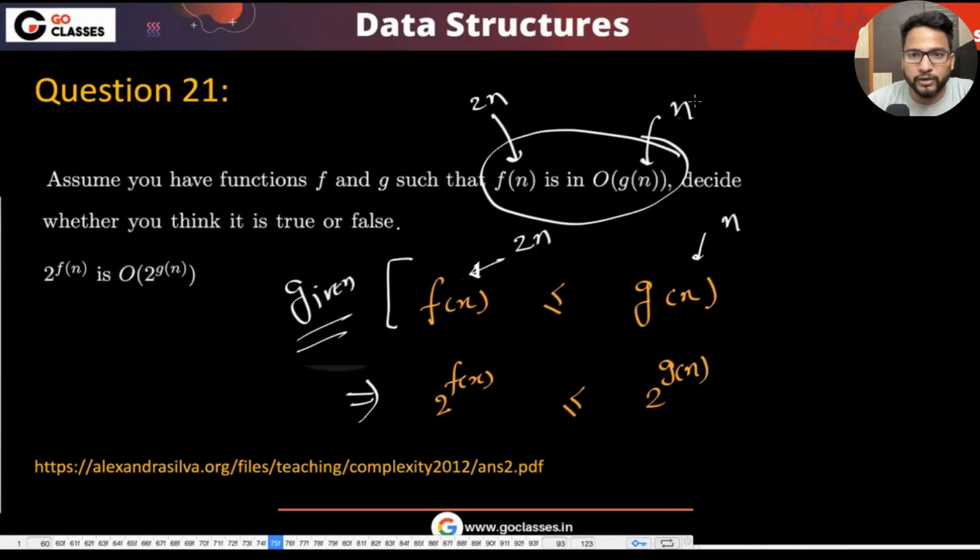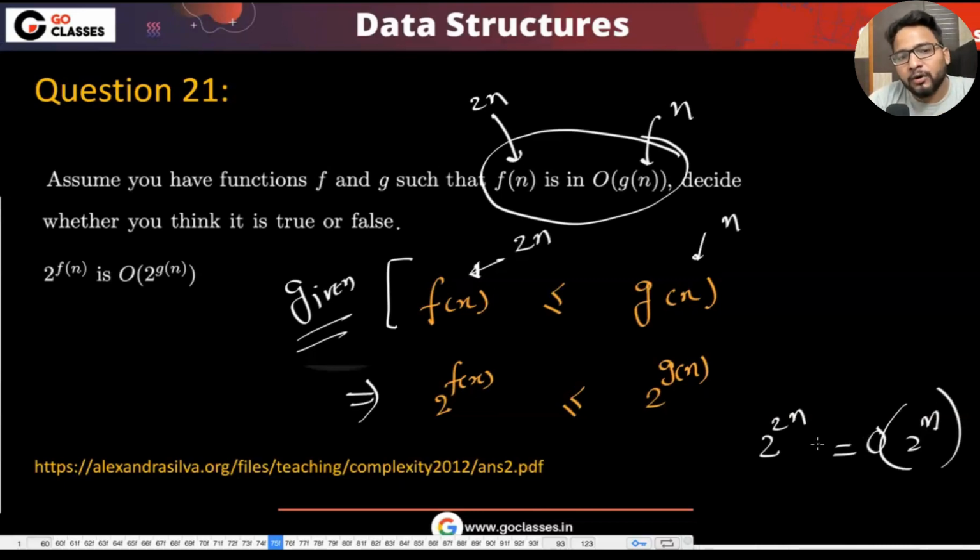So I'm taking Fn as 2n and Gn as n. Now you do 2 power 2n and 2 power n. Can you write this asymptotically? Can there be a constant that satisfies this relation? I don't think there is a constant.